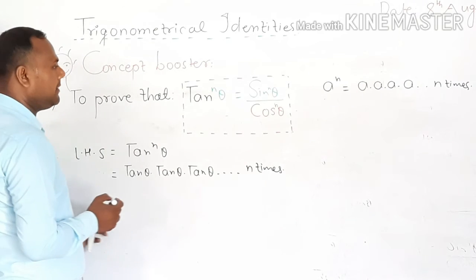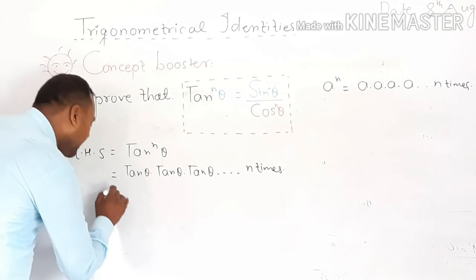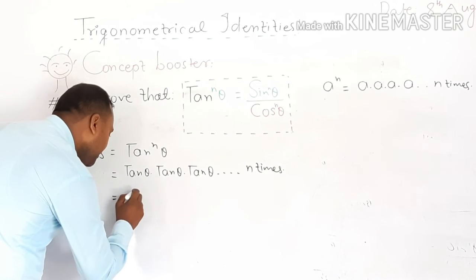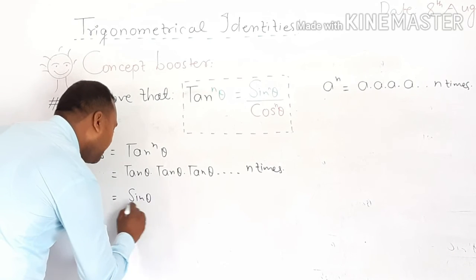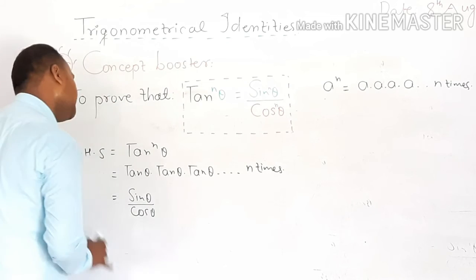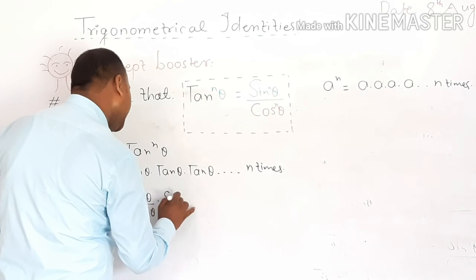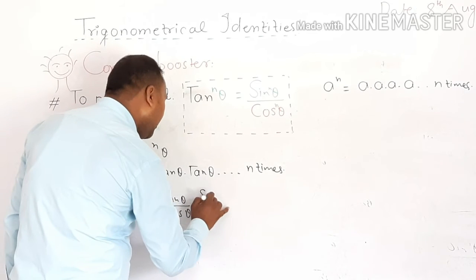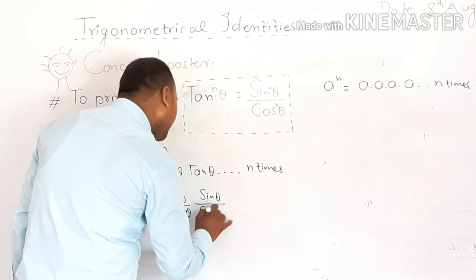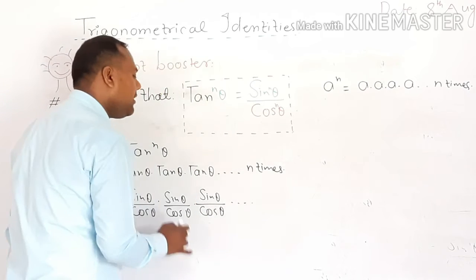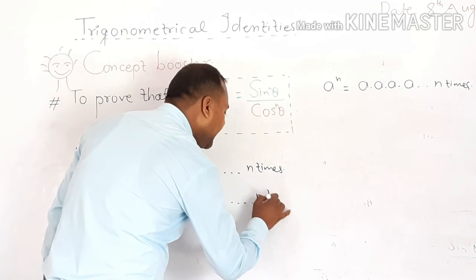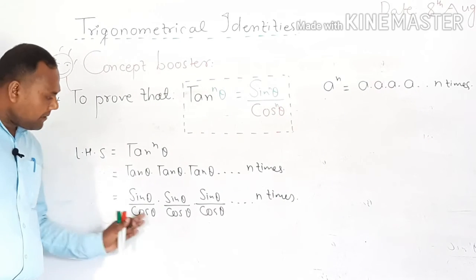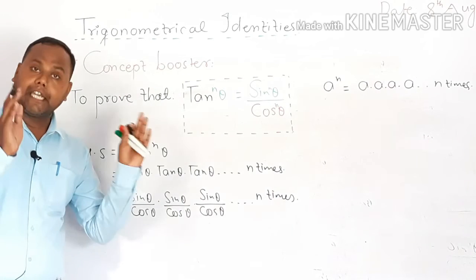Now take it easy. Tan theta means sin of theta upon cos of theta into sin of theta upon cos of theta into sin of theta upon cos of theta, and so on. How many times? N times. That means this format can proceed n times.